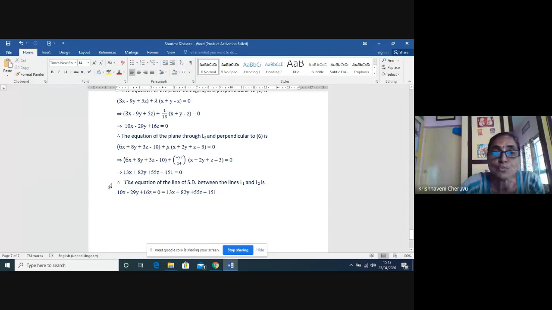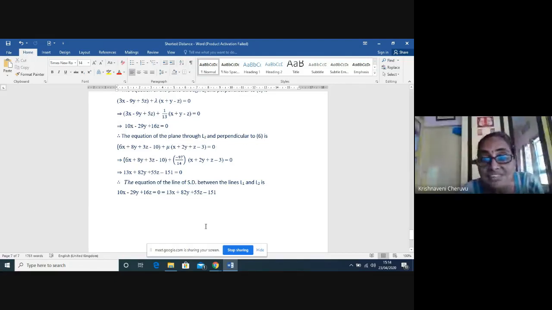Now you have two planes. What are they? The planes which are passing through L1 and passing through L2 and perpendicular to each other, girls. Okay. So the equation of the plane through L2 and perpendicular to 6, the equation of the plane through L1 and perpendicular to 6, and these two planes are intersecting.